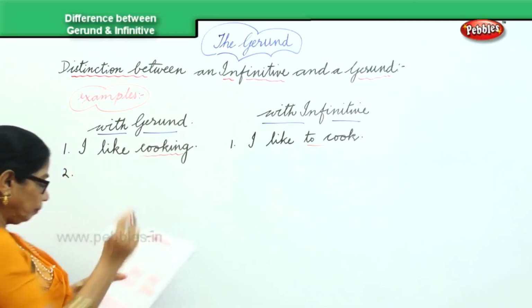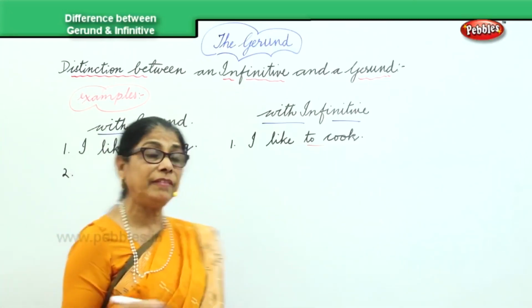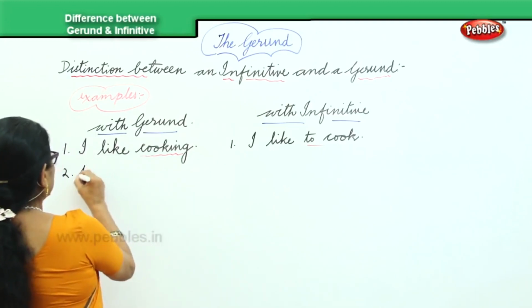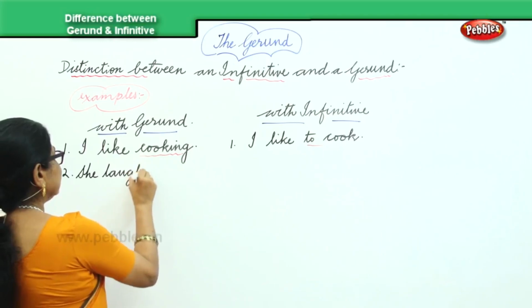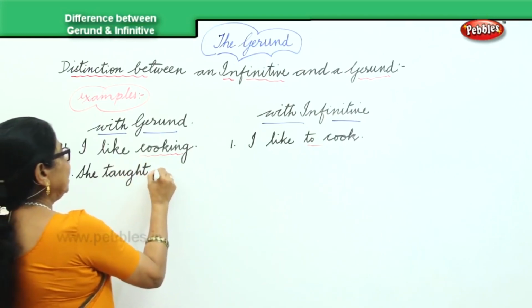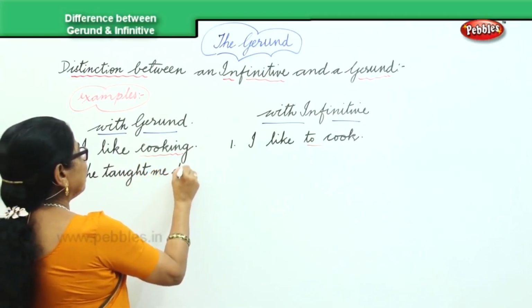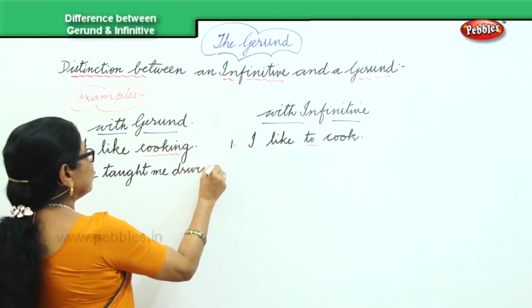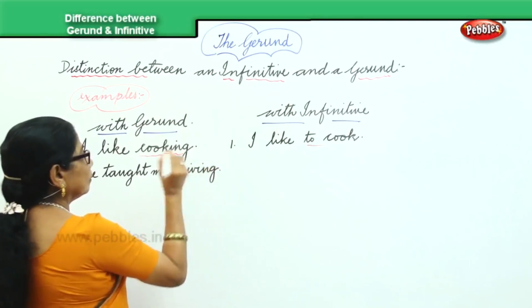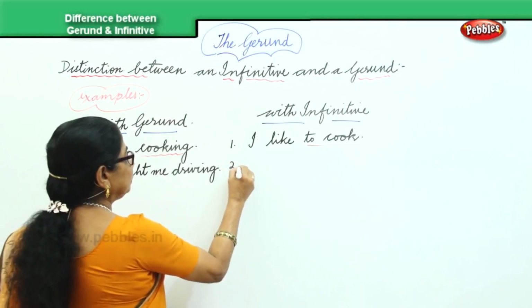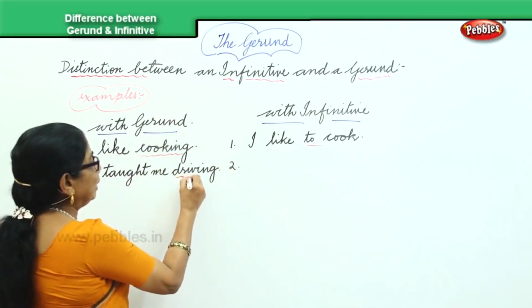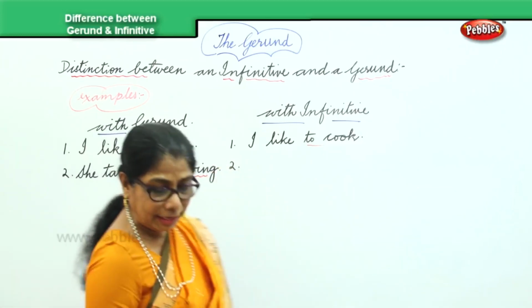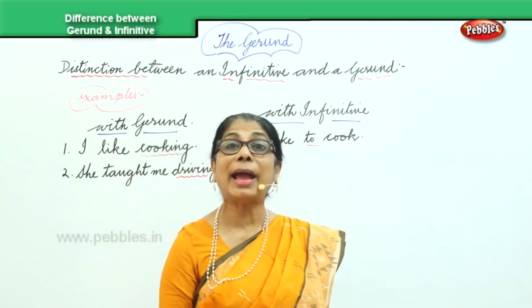Let's look at another example. She taught me driving. Here, in driving, you add -ing for the gerund. For the infinitive, to the verb you add "to."